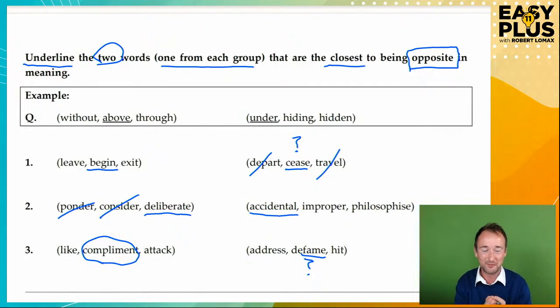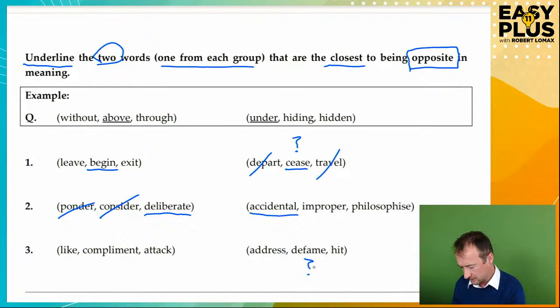If I defame somebody, I'm somehow damaging their fame, damaging their reputation. So that does sound quite opposite to compliment. I'm not sure about this, but if I can't find a better answer, I'm really going to be inclined to go with compliment and defame.